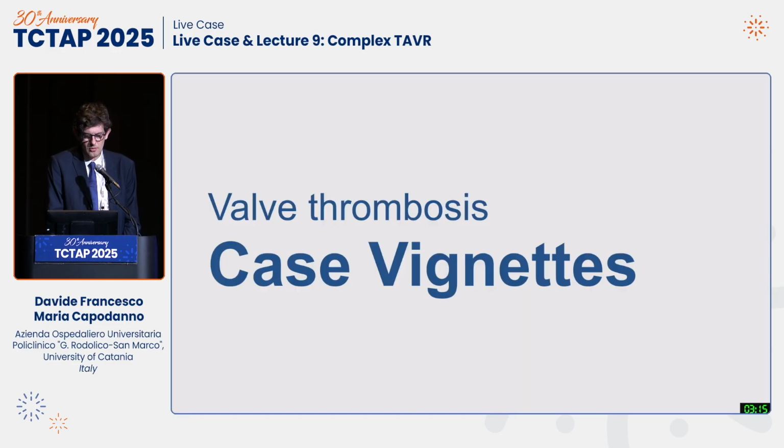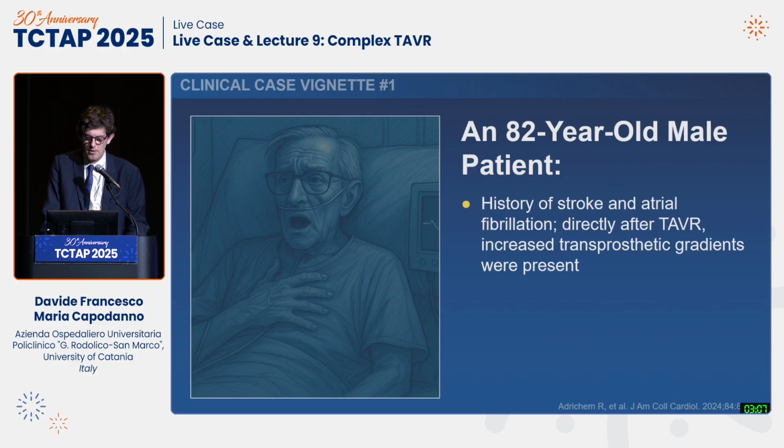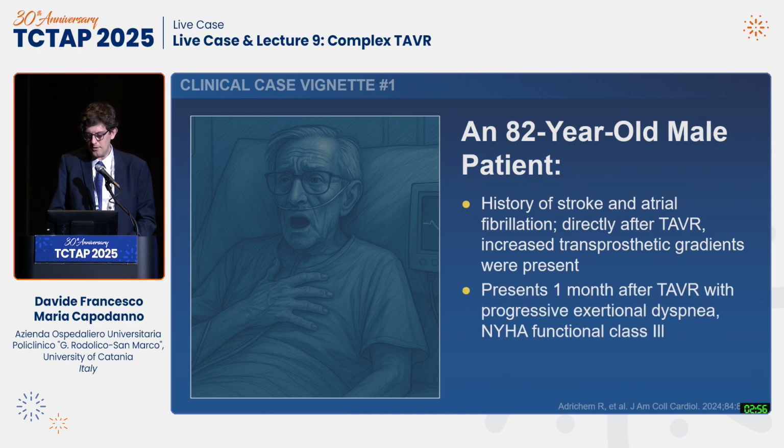So I would like to conclude with some illustrations of these concepts from real patients. This is an 82-year-old male patient, for example, with a history of stroke and atrial fibrillation. Directly after TAVR, there was an increase in the transprosthetic gradient, and the patient underwent serial follow-up. One month after TAVR, there was a presentation with progressive exertional dyspnea and NYHA functional class 3.